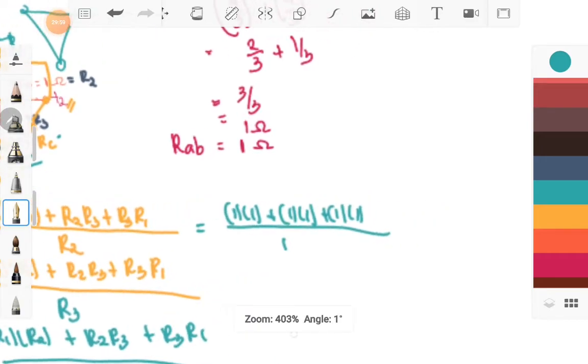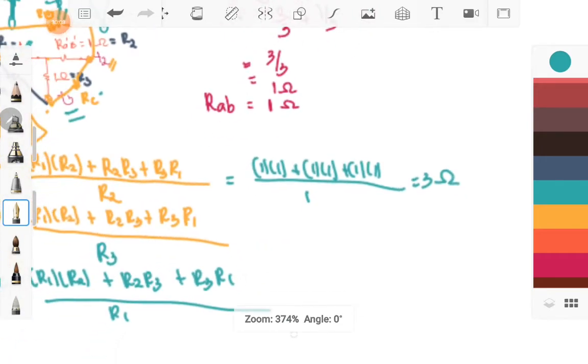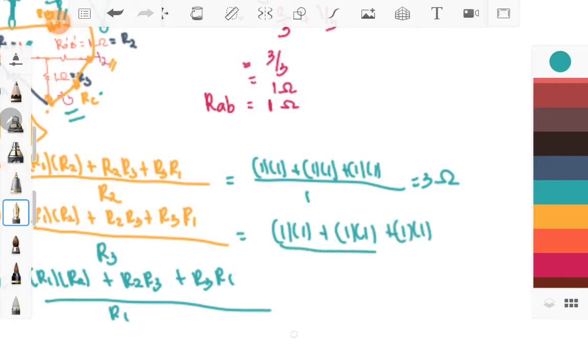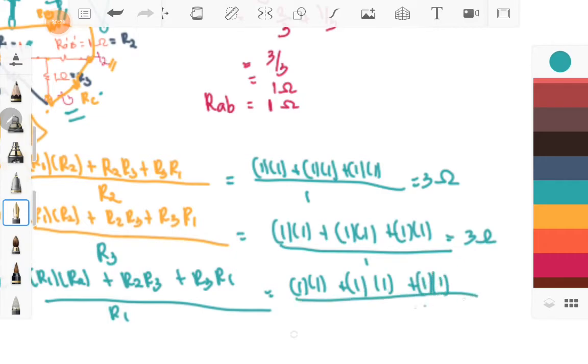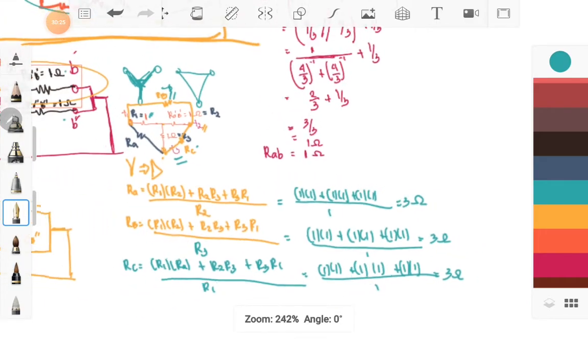So this is 3 ohm. It's the same here, so it's equal to 3 ohm. This one is 3 ohm too.